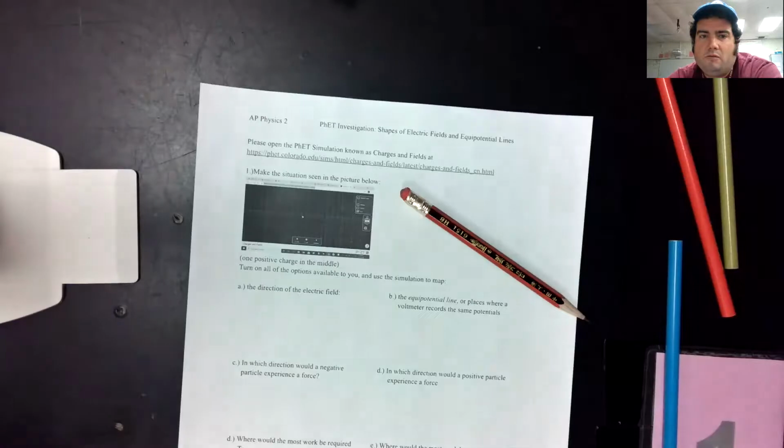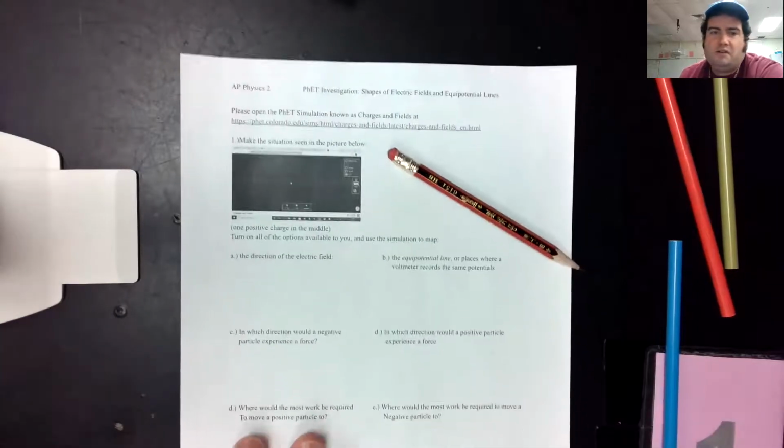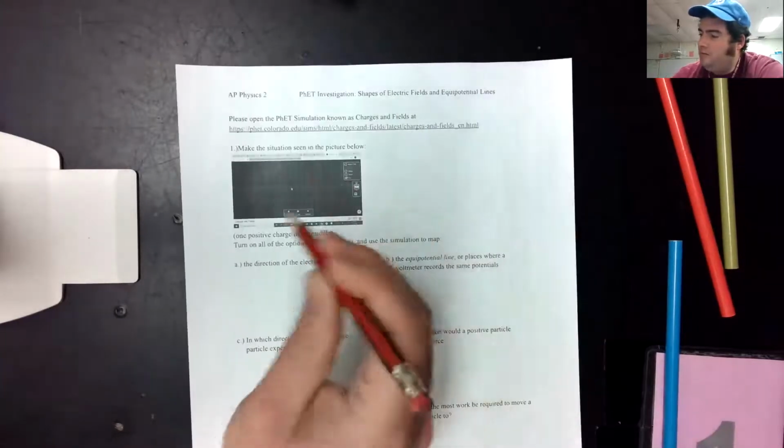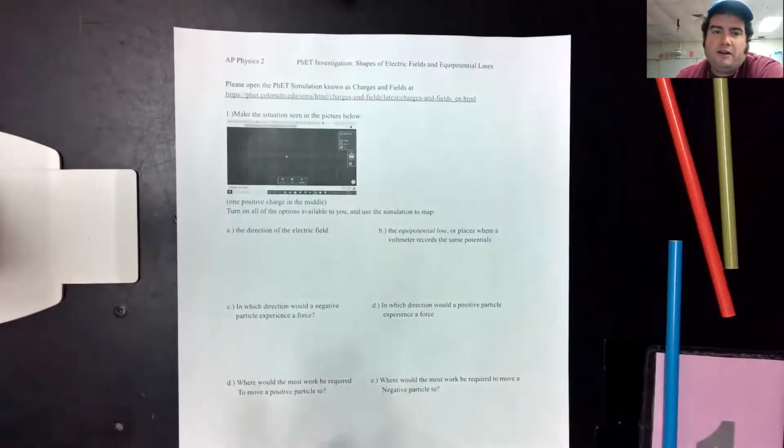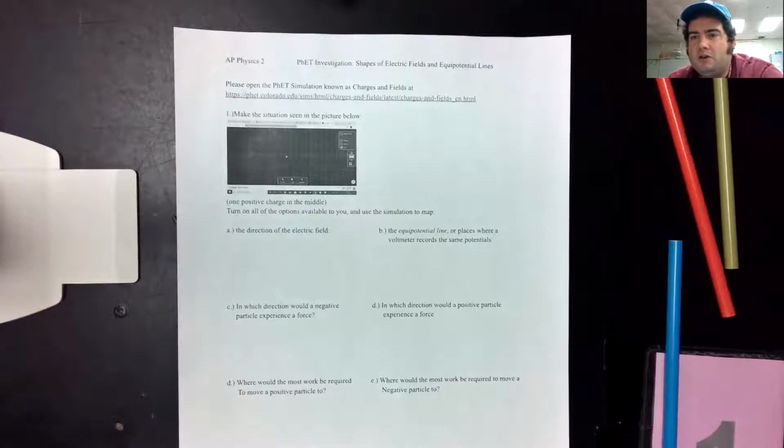And what you're going to do, you're going to visit this link, you're going to open up the sim, and it lets you put various charges into space. And it lets you measure electric fields caused by them. It lets you look at directions of forces. It lets you measure potentials in different locations. And what you guys are going to do is just kind of see what these do to space.